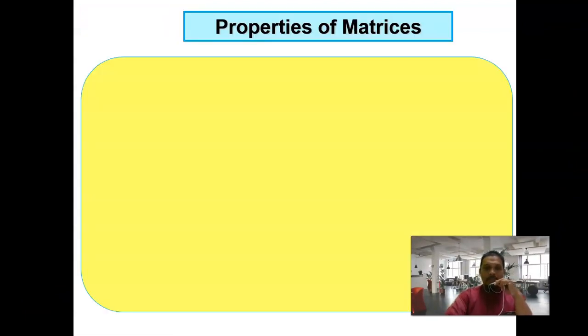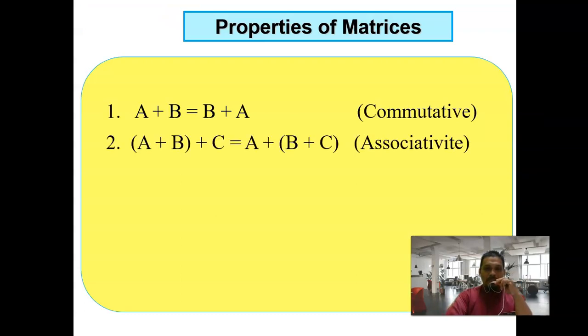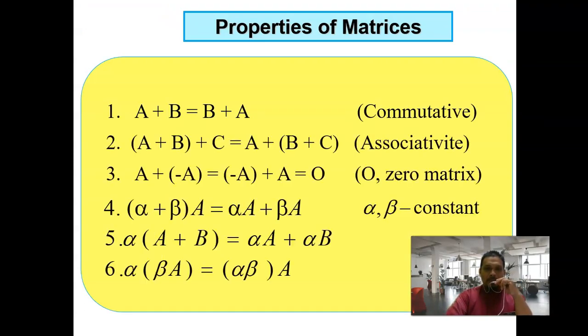Okay, next. Properties of matrices. Matrix A plus B equal to matrix B plus A, for addition and subtraction, as long as the order is equal between A and B. And A plus B in bracket plus C equal to A plus in bracket B plus C, the associative property. And A plus negative A equal to 0.